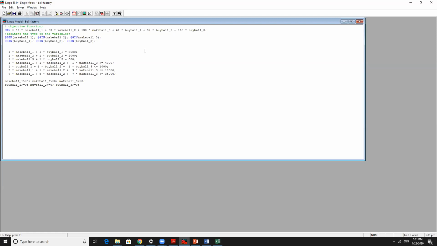Maybe you don't outsource some of the balls, or you never make some of them in-house, but you put the coefficient times the amount that we either outsource or produce. Also, I define some decision variables to be integer with GIN, which stands for general integer.